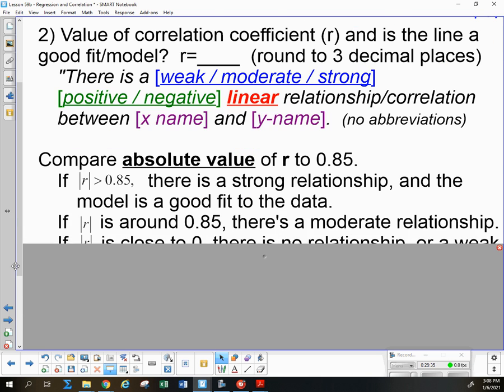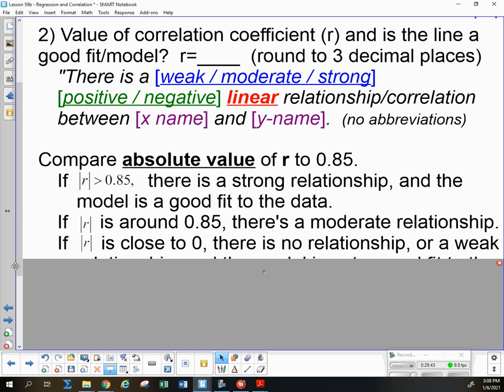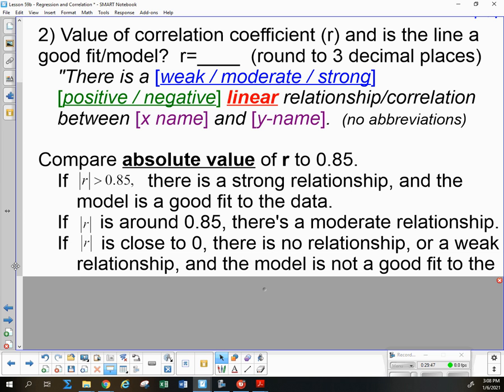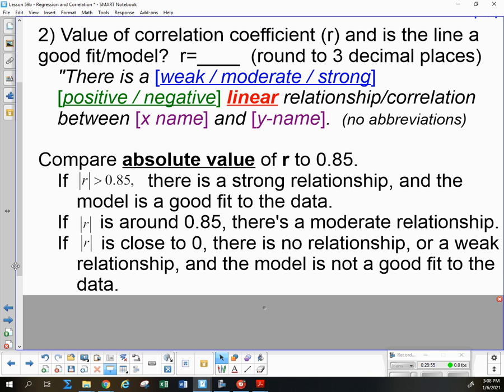If r is around 0.8, 0.85, I tend to say it's a moderate relationship. Maybe 0.75 is also moderate. If it's close to 0, there's not much of a relationship at all. Exactly 0 is no relationship. We might say there's almost no relationship, or we might say there's a weak relationship, but that model is not a good fit to the data.